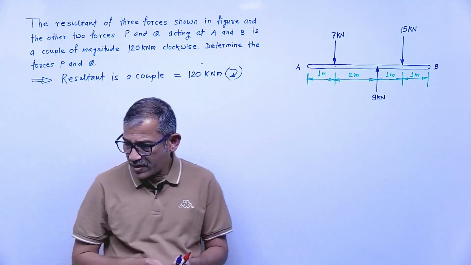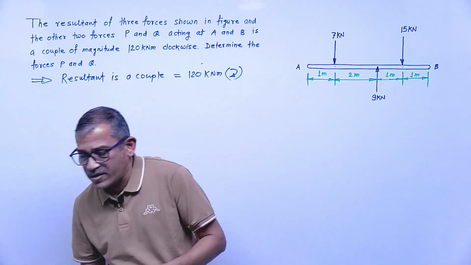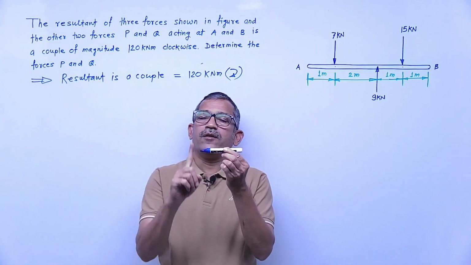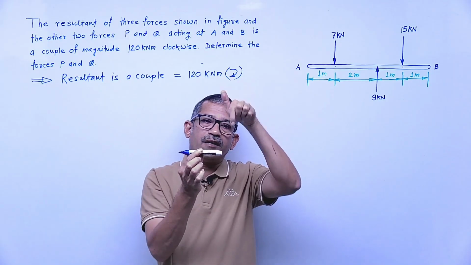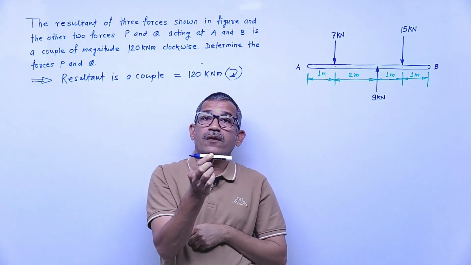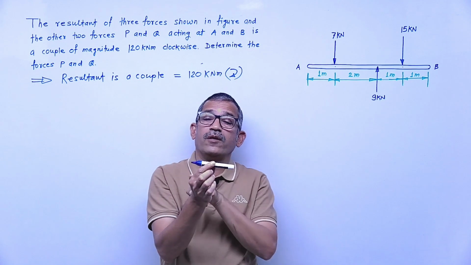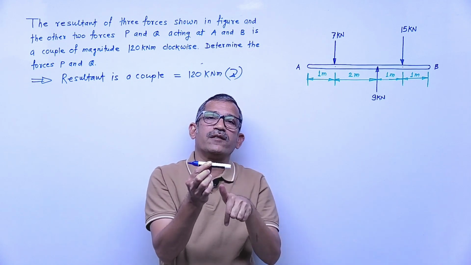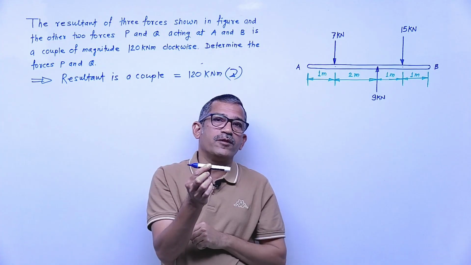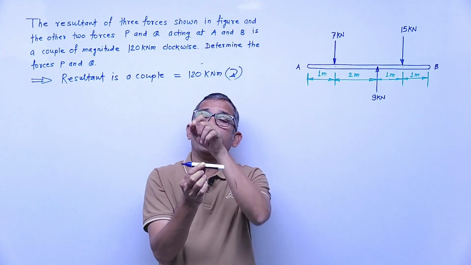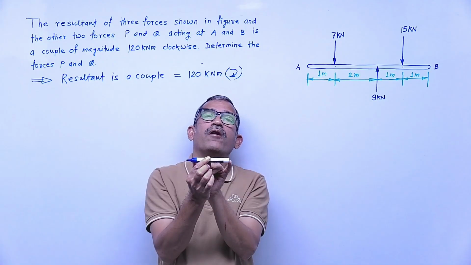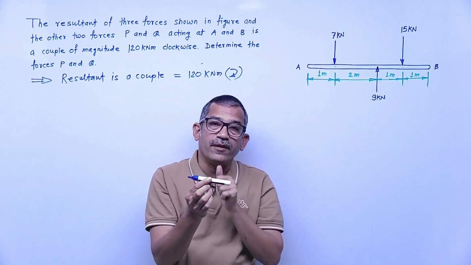See here, suppose this is a body, 100 Newton upward and 100 Newton downward. Resultant if we find out, positive 100 minus 100 is 0, means resultant force is 0, but 100 into this length of rod becomes a couple.